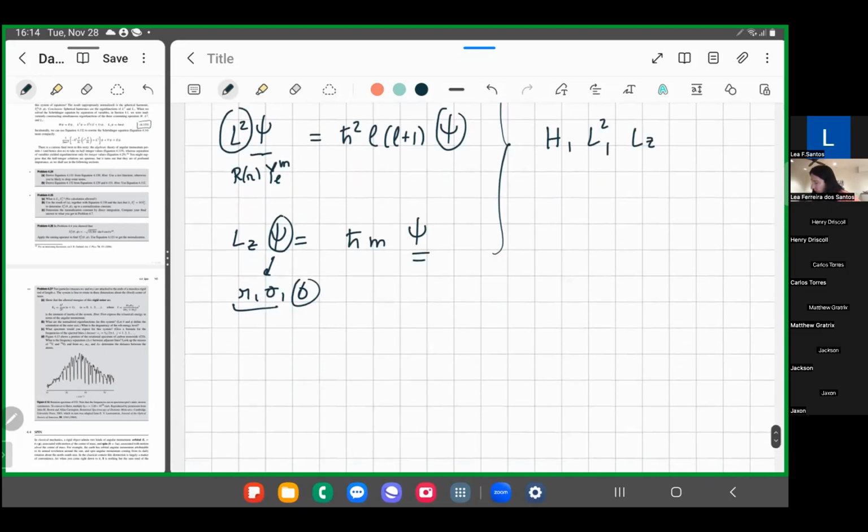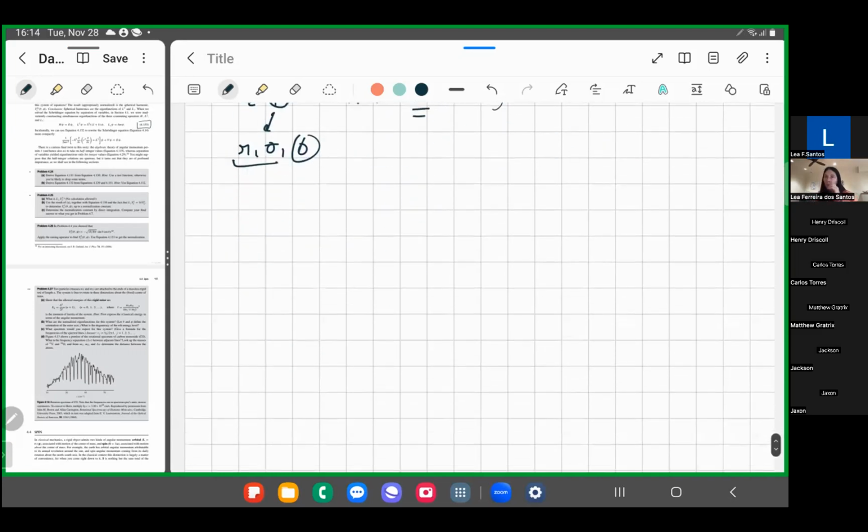Now what I'm going to start talking about is the last concept of this course, which is the concept of spin. But let's talk a little bit about that l. Remember we said that m went from minus l, minus l plus 1, and so on, all the way to the final one, which is l.